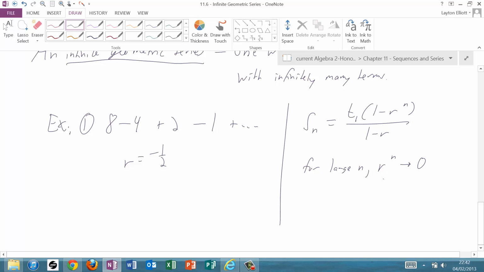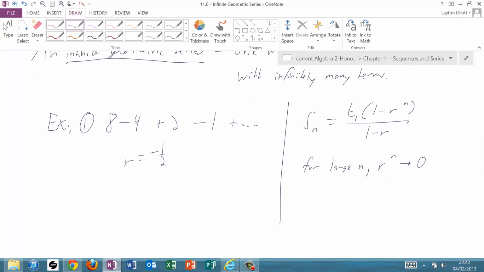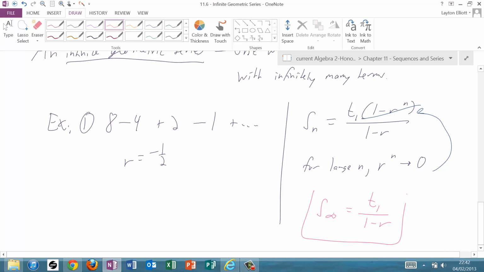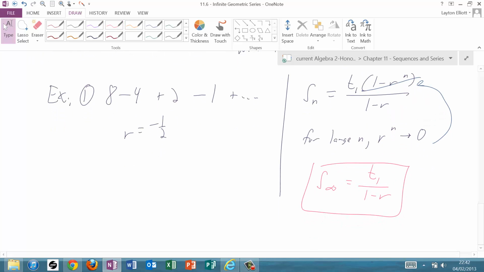Because we have an r value that's a fraction less than 1. So what that effectively does is it cuts this out of the picture. And so my new formula, S of infinity, is just equal to t of 1 over 1 minus r. It's a simple formula. This is formula number 5.